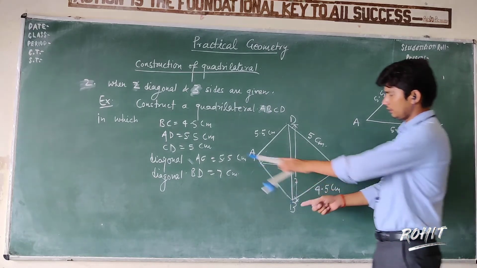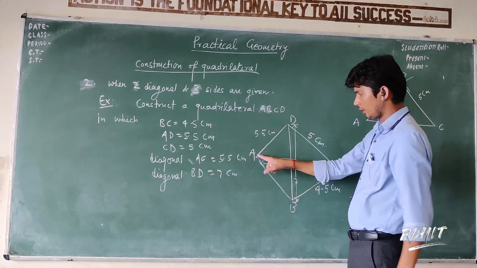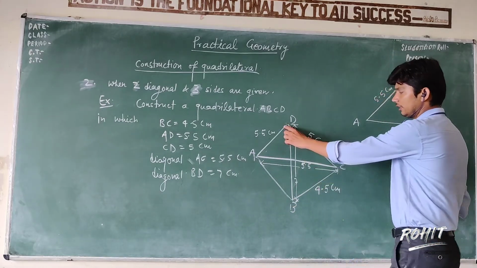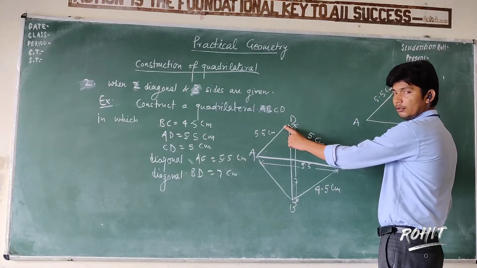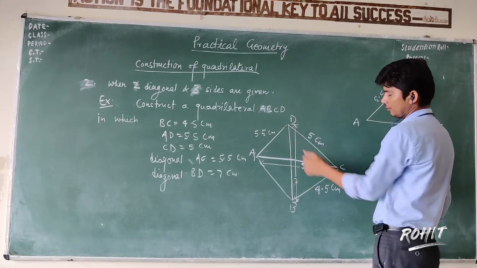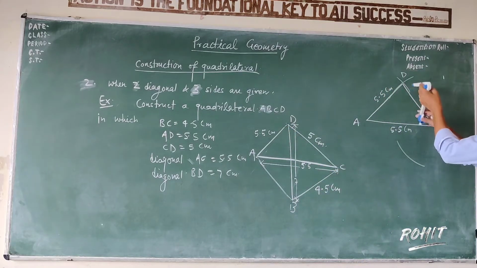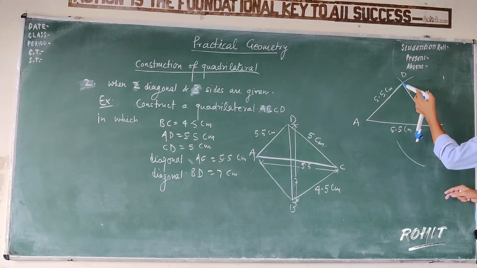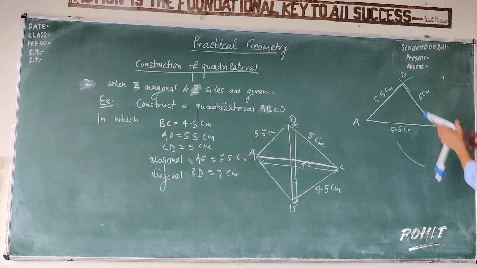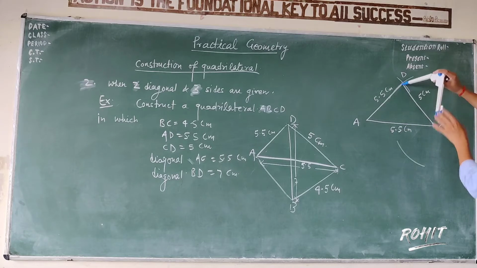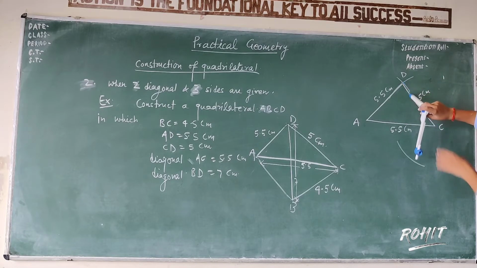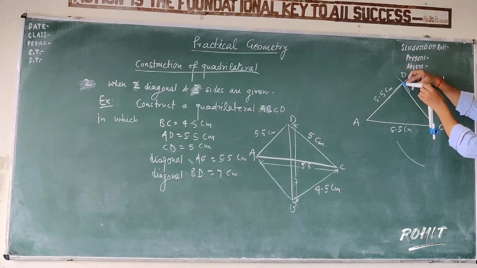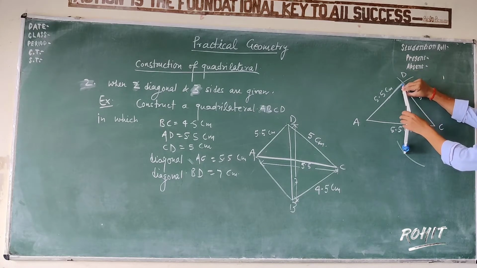Now this side AB is unknown, so we cannot take A as center and draw an arc, but we can take B as center and take 7 centimeter length. So take B as center and take 7 centimeter length in the compass.